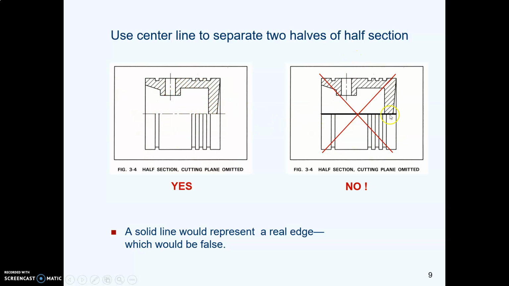So never draw a solid line on a half section cut unless there truly is a physical edge there, which there probably is not ever. So you are just going to draw a center line through the middle, outside view on one half, section view on the other half, and no hidden lines.